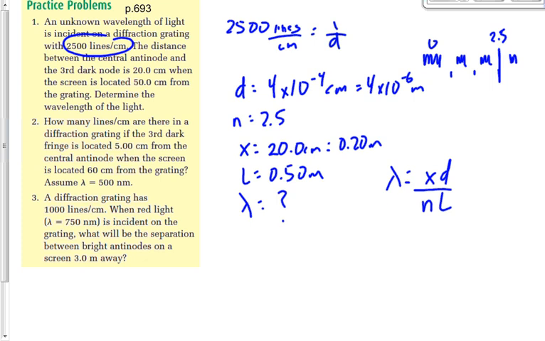Can we use that? Wait a sec, we can't? Why not? Good, good. We can't use that equation this time because L is not 10 times greater than x. Does that make sense? So we can't use it. So what do we got to do? We got to get that angle.